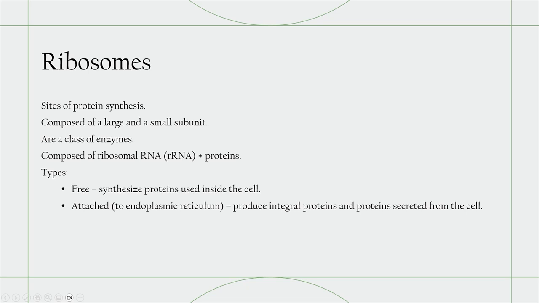But these are more specific, in terms of proteins that will be integrated into plasma membranes because they'll be packaged and shipped off in the membrane, or proteins to be secreted, again packaged and shipped off via the Golgi apparatus. Right, so protein synthesis occurs at both locations, both in the rough ER and outside the ER, but where these proteins are being synthesized by these ribosomes depends upon what the function of them is.